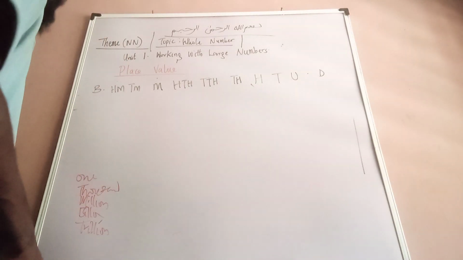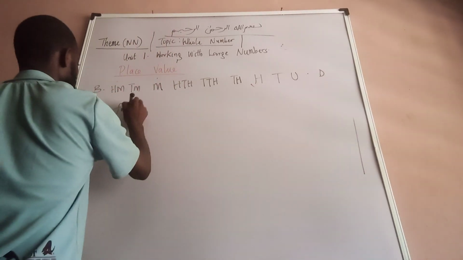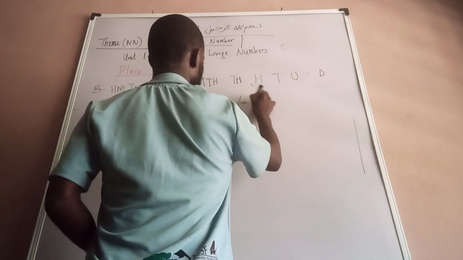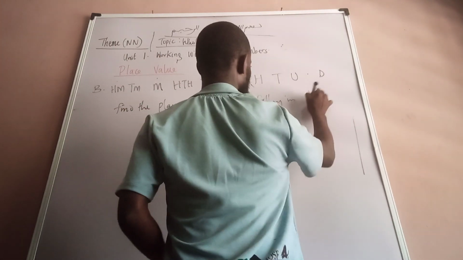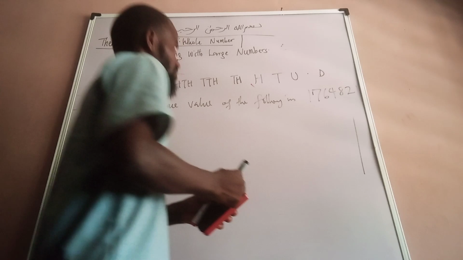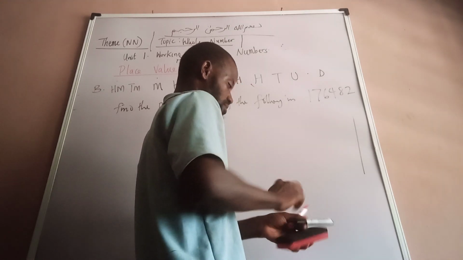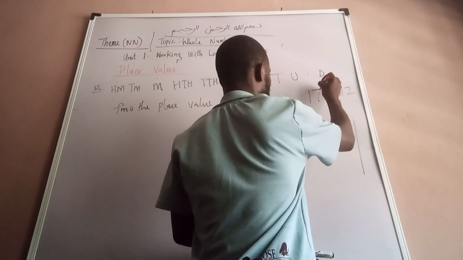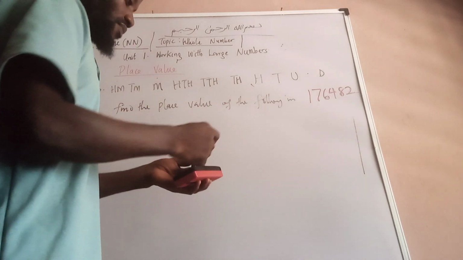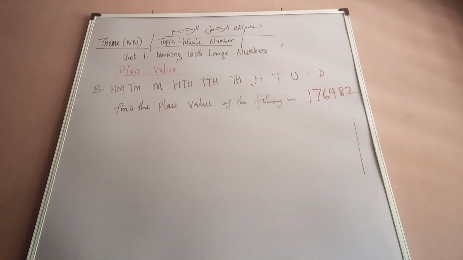All right, good. Now, I say, find the place value of the following in 1,764,821. Remember, for it to be easier, we don't have dots.